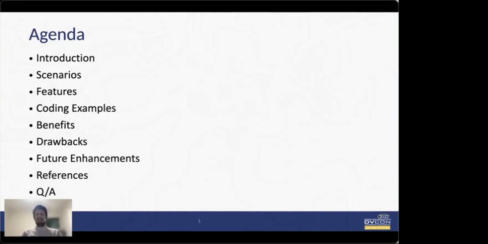Once we have finished discussing everything about the code, I want to briefly touch upon the benefits and some of the drawbacks of the code. Finally, I'll be touching upon some of the future enhancements which have been thought about but have not been implemented yet. And the last 5 minutes is reserved for some question and answers. So let's begin.